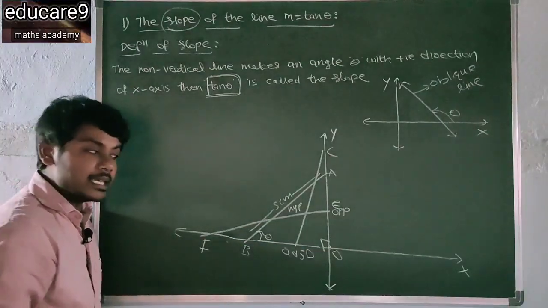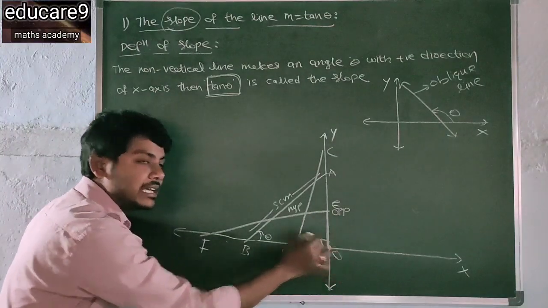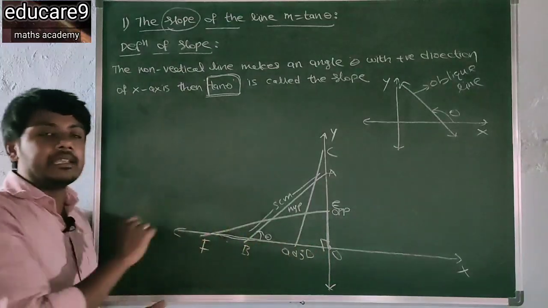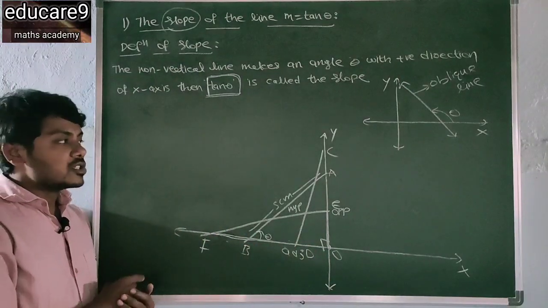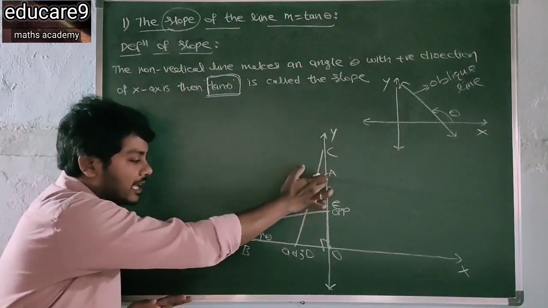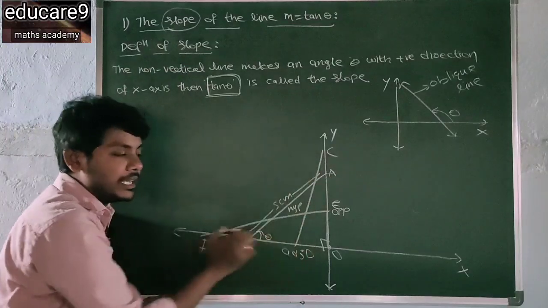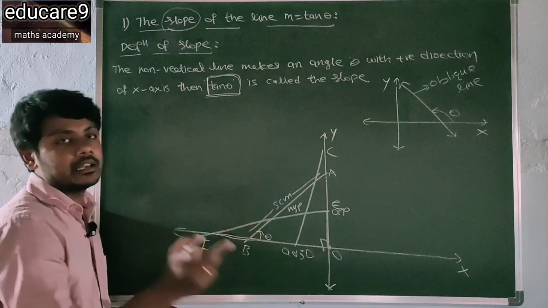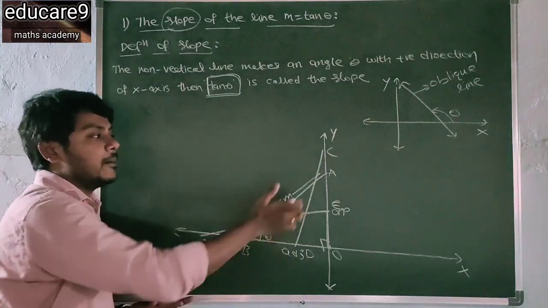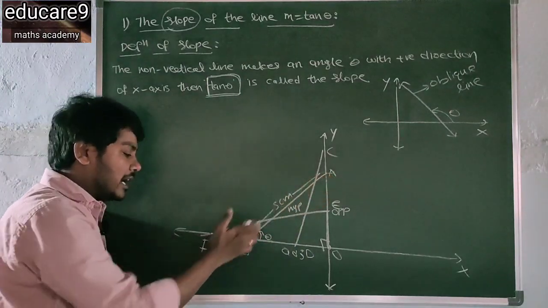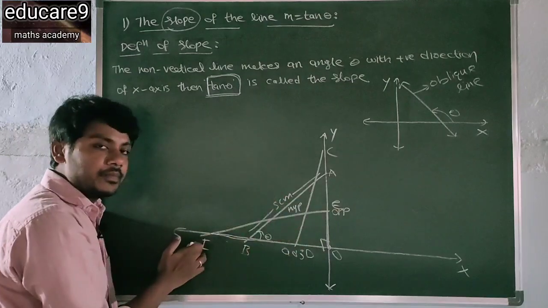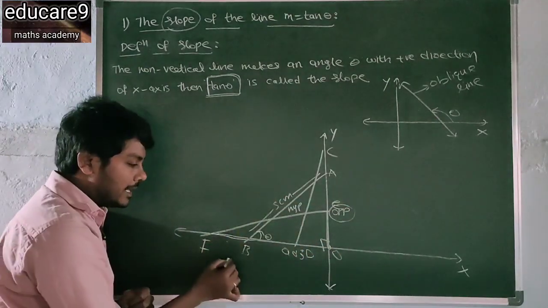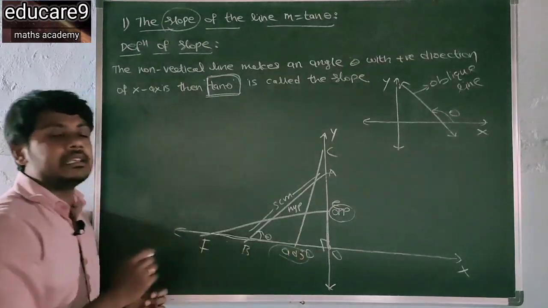So in this case, the opposite side decreases and the adjacent side increases.